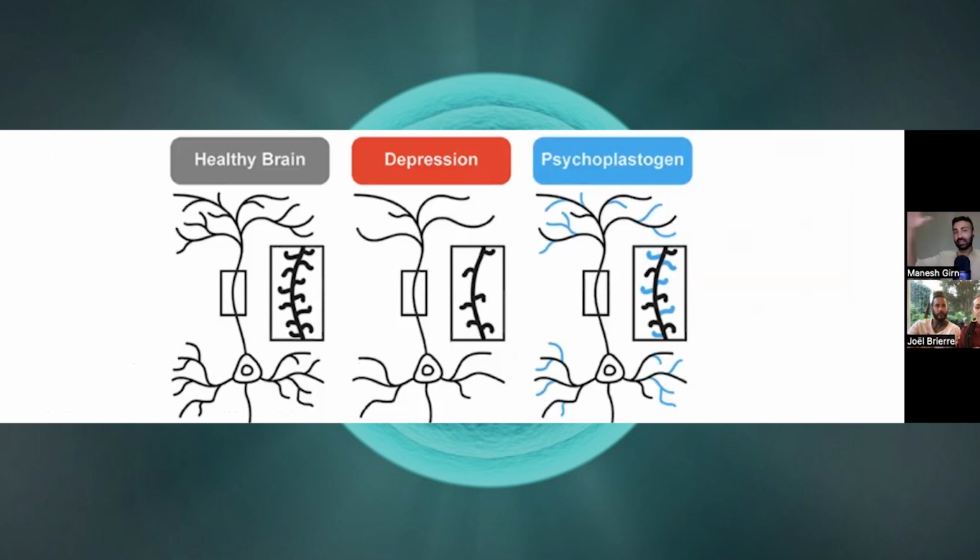And so the whole idea about psychedelics is that they're what we can call psychoplastogens, that they boost plasticity psychologically, but also neurophysiologically. Here's another reiteration of what I was just saying. A healthy brain looks like this. With chronic stress and depression, it becomes a bit less complex, a bit shriveled up, a bit less able to engage in its functions.